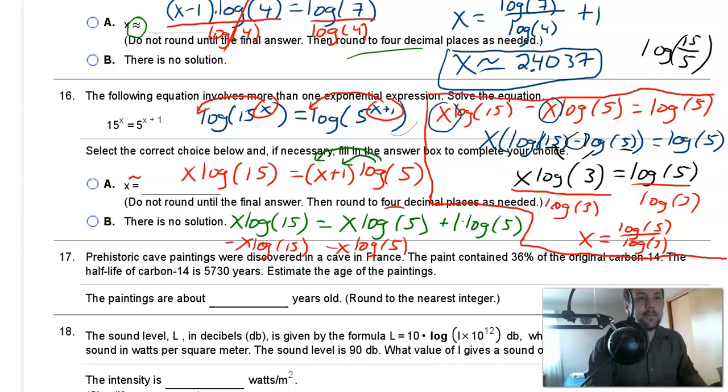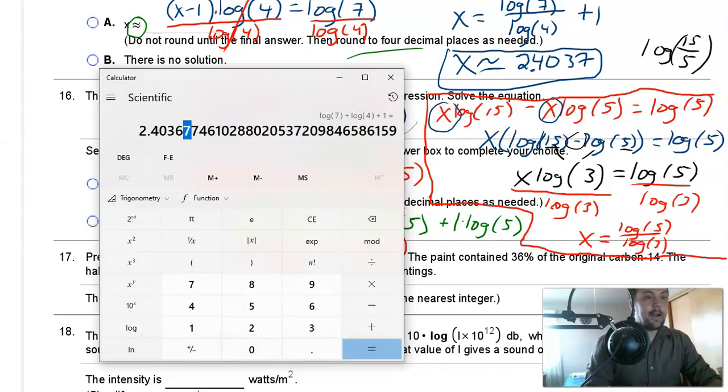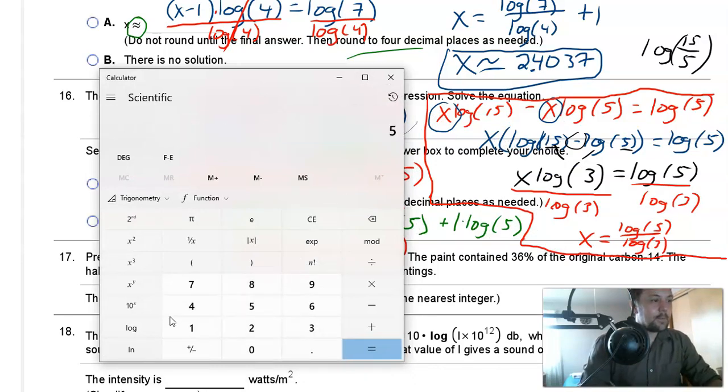Okay, I'm trying to cut that off from the other problem so it's easier to read, hopefully. All right, so we're going to type this into the calculator real quick. So 5 log base 10 of that divided by 3 log base 10 of that, and that's equal to this. So we'll get 1.4650, right?